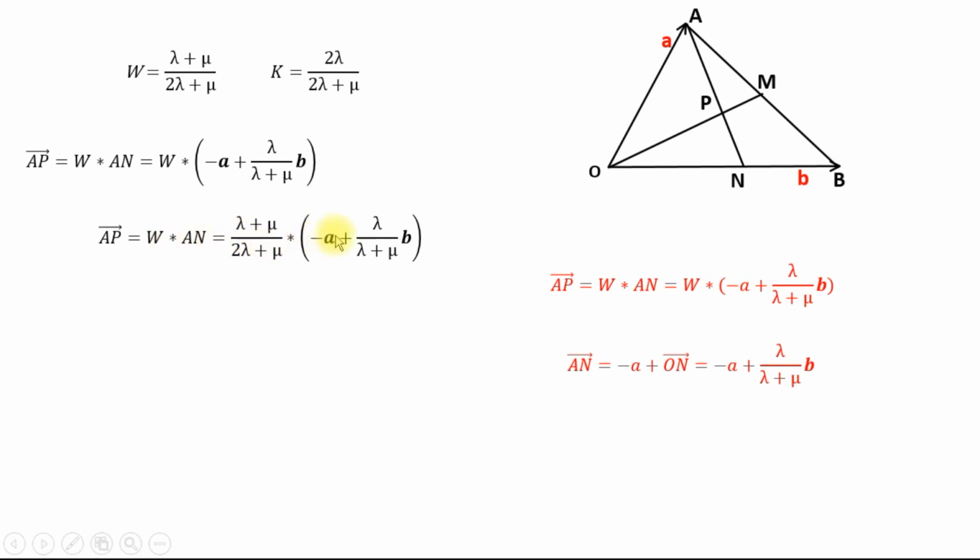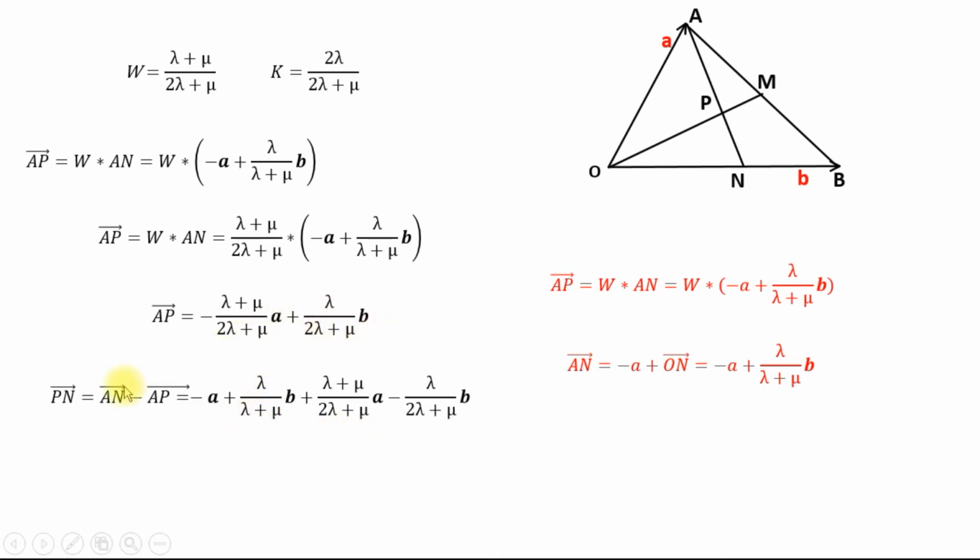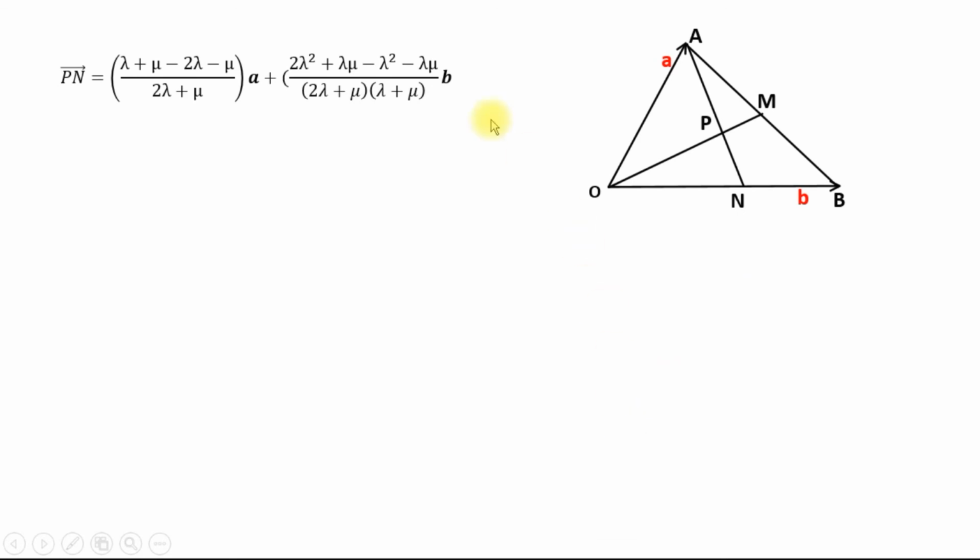The rest again is following a lot of algebra and taking like terms to find the coefficients for A and B, and we arrive at this expression for AP, and we know that PN should be AN minus AP if I use the expressions for AN, which I have written here from our earlier slides. Then we finally arrive at an expression for PN.